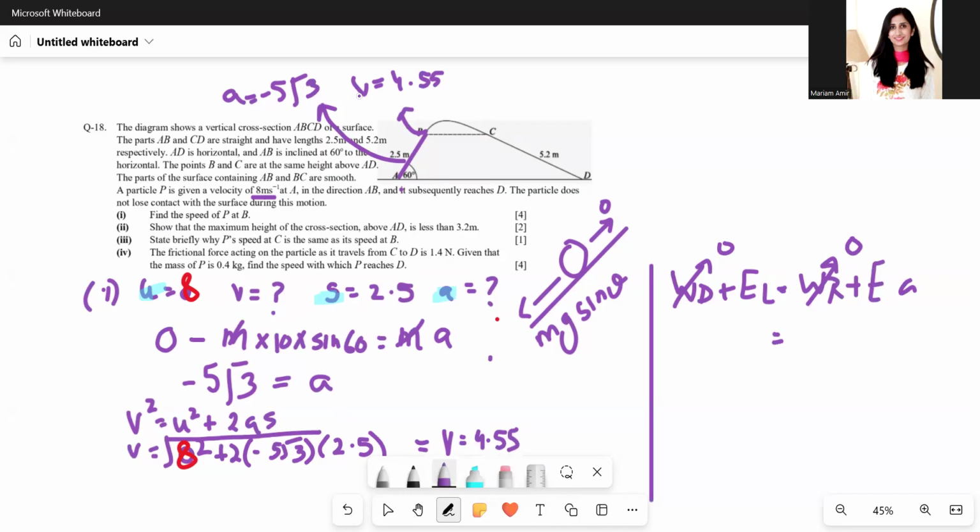The loss in energy is going to be the kinetic energy loss, and the gain in energy is going to be the potential energy gain. So we're going to write mgh here, mg, and h is this length, which is 2.5 sine 60.